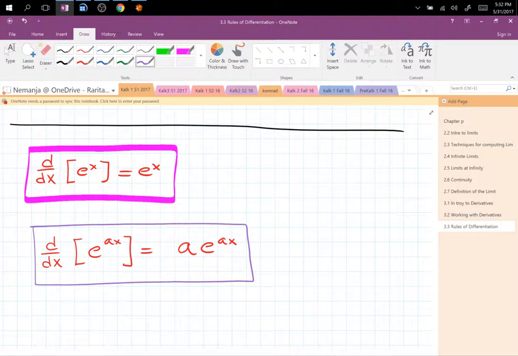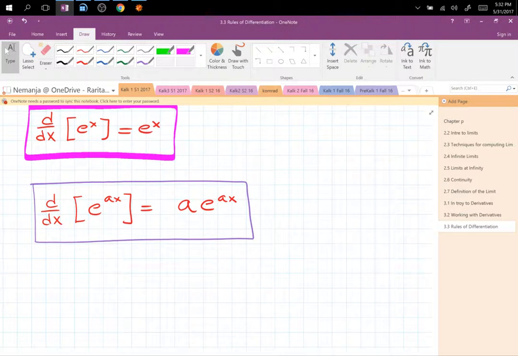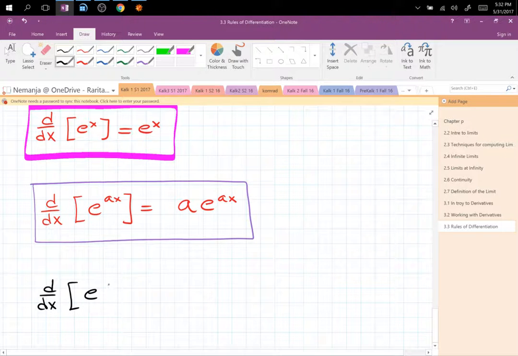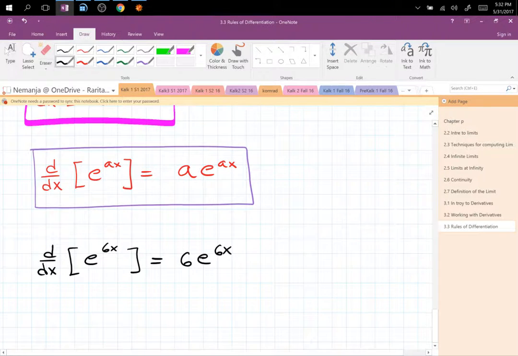So how much is the derivative of e to the 6x? Very good. It's 6e to the 6x. How much is the derivative of 1 over e to the negative x?